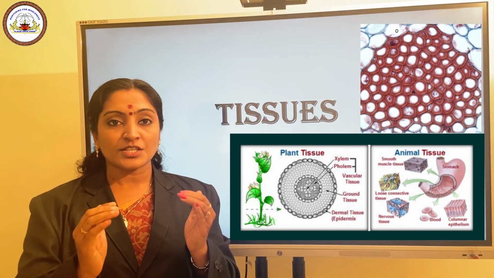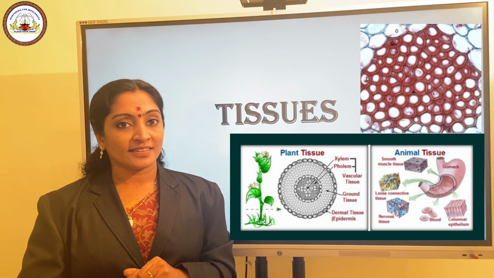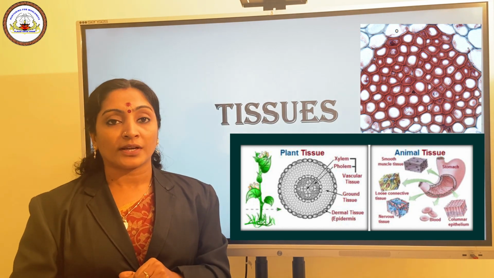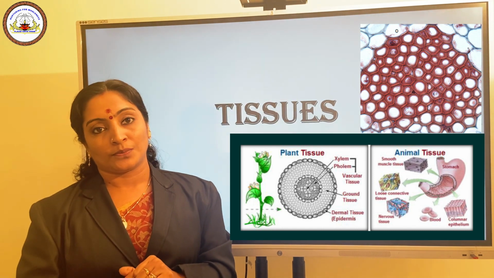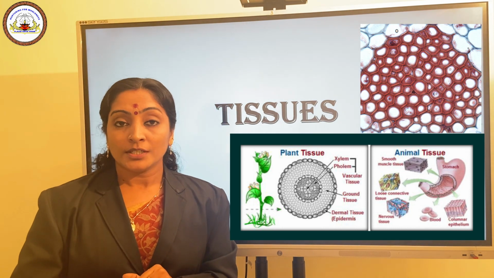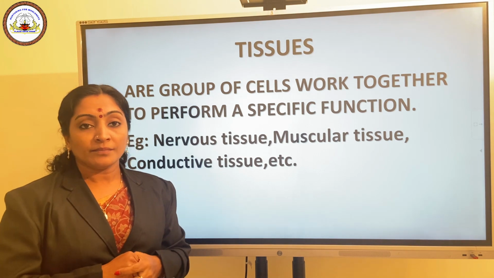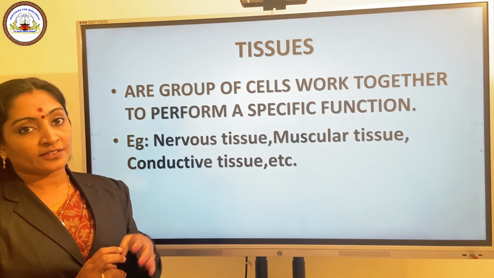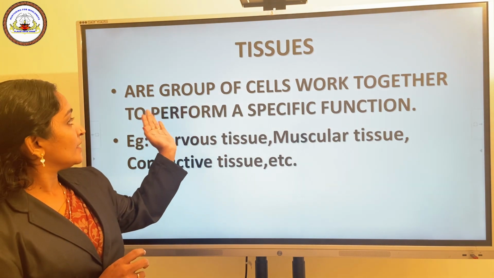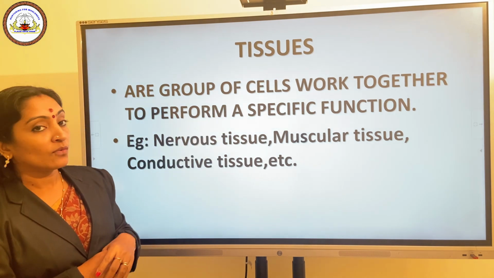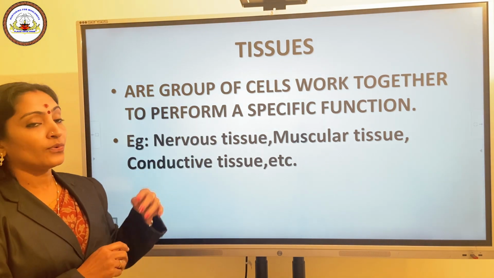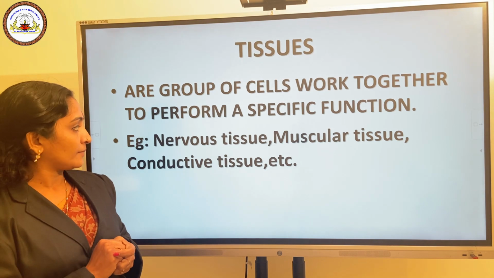Okay, so such a group of cells performing a specific function is called tissue. So what is tissue? Tissue is a group of cells performing a specific function. So here we can see the definition of a tissue. A group of cells work together to perform a specific function.